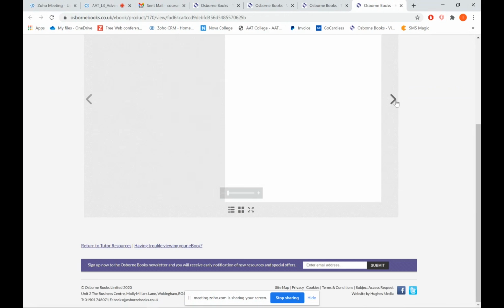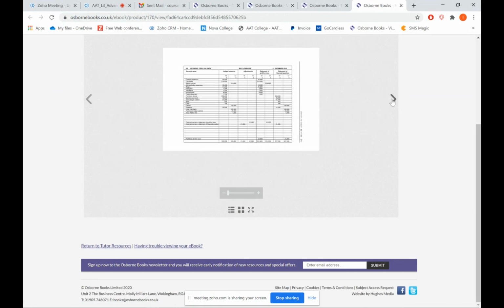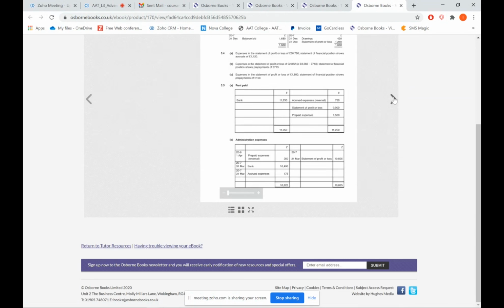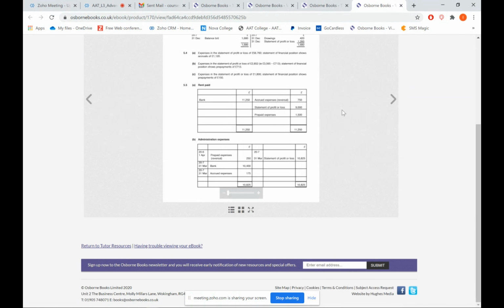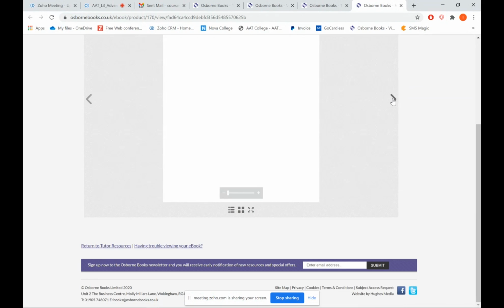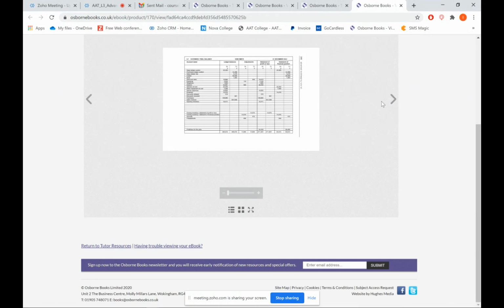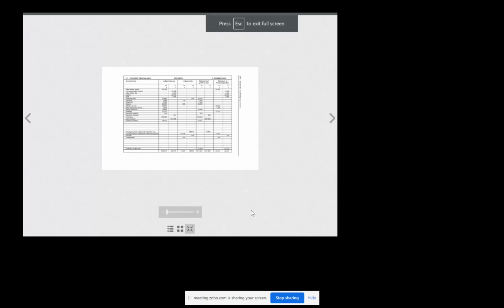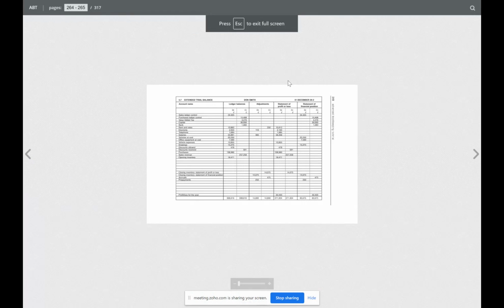You people need to learn the online way as well, because nowadays a lot of accounting is done online also. So see how I did that? I just put that in another browser.